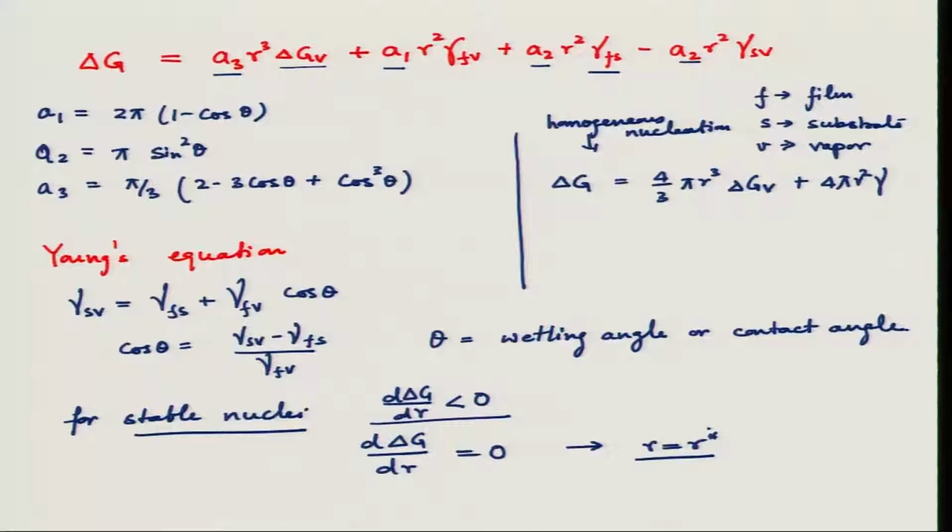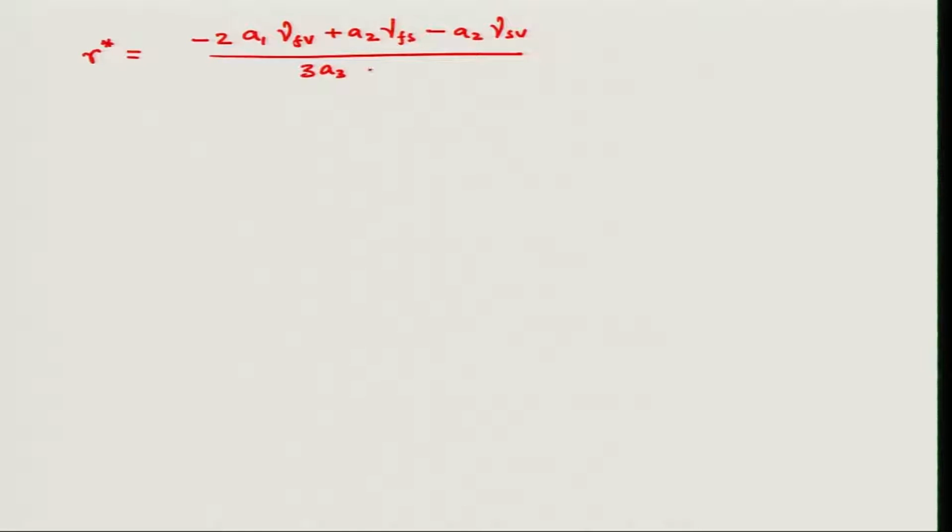From this expression of delta G, we can calculate these values. R star will be given by minus 2 times (A1 gamma Fv plus A2 gamma Fs minus A2 gamma Sv) divided by 3 A3 delta Gv. So this is the critical radius of stable nuclei.